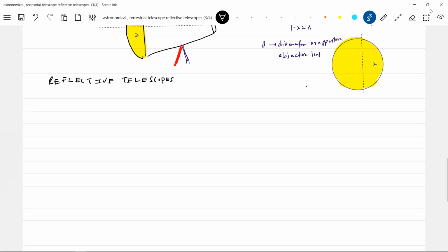So usually refractive telescopes will use in normal mode. No? So let me, this one. So this will be the one convex lens.